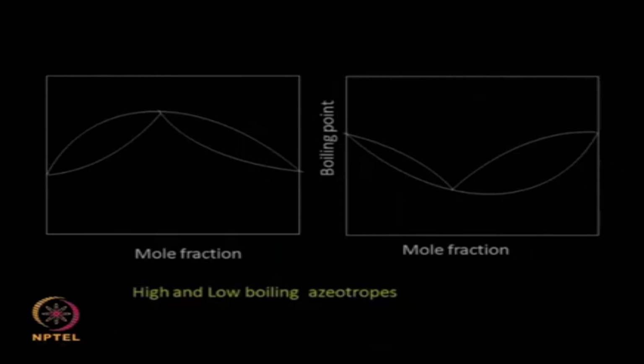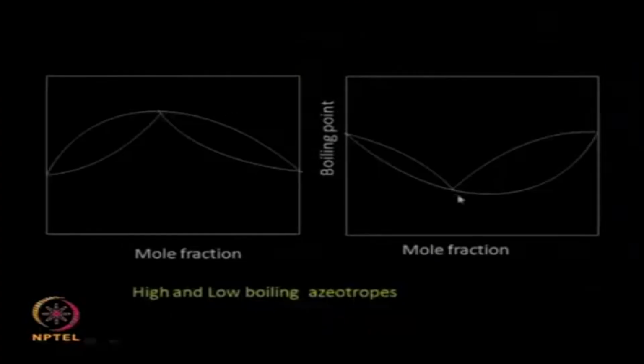I sometime back mentioned something, if they are same, they are called constant boiling mixture, or they are called azeotropes, that is the name for that, azeotropes. So we have a constant boiling mixture, that is an azeotrope. So this is a high boiling azeotrope, this is a low boiling azeotrope.